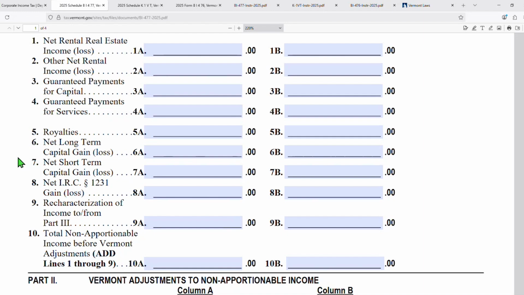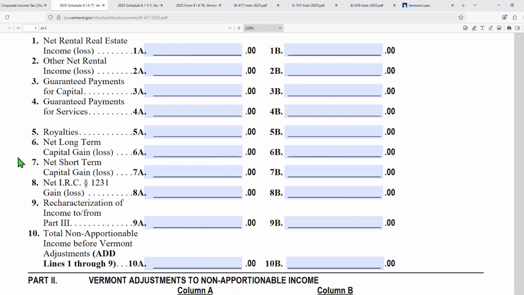Line 9B will actually include positive additions from the money that's coming in from part 3. So what I mean by that is, let's say you're in part 3 and you have all this apportionable income. I saw there was a question before about interest, so I'm just going to use that as an example. Let's say interest is included in part 3 as apportionable as its default rule, but we were talking before about truly passive income.